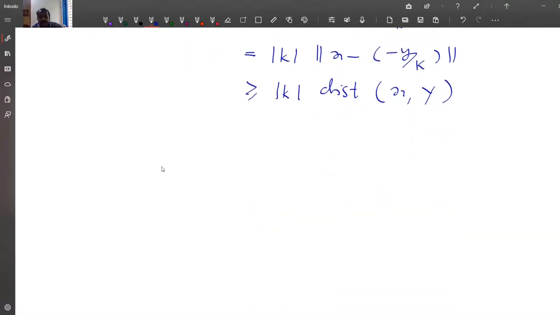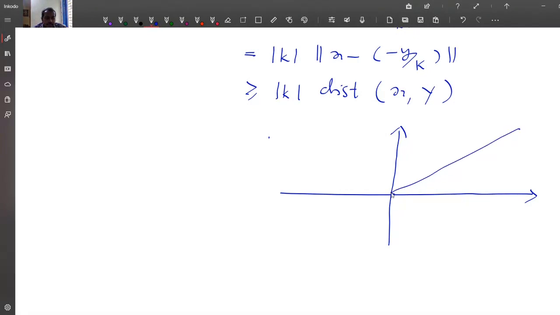This is because suppose you are considering the space as R2 and you consider the line passing through the origin as the subspace. All these are examples from R2 with the Euclidean norm.